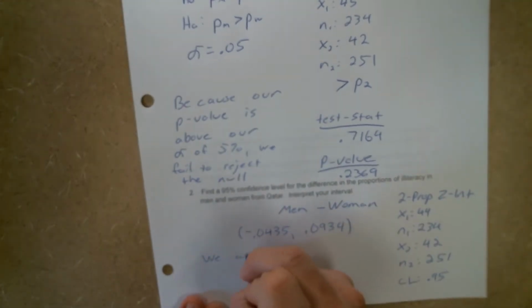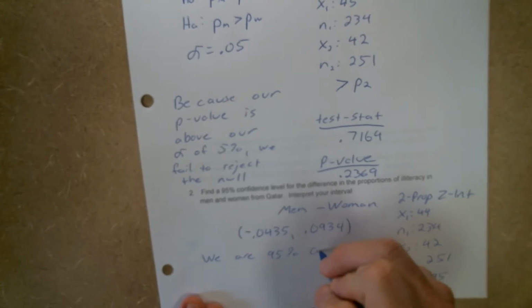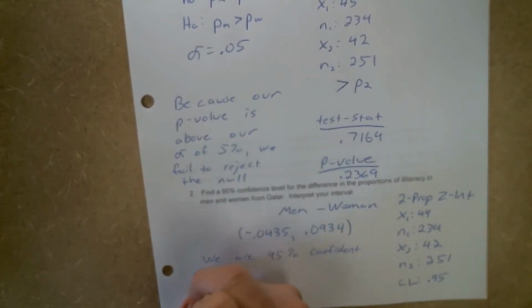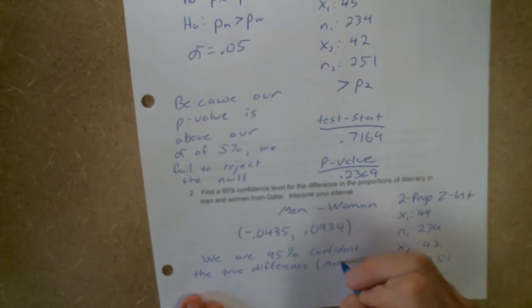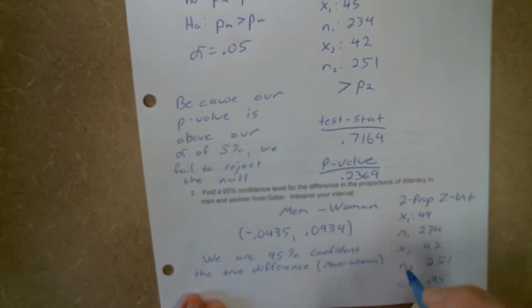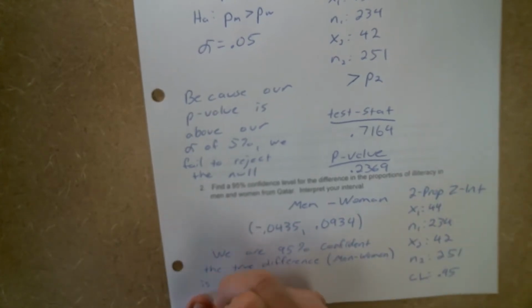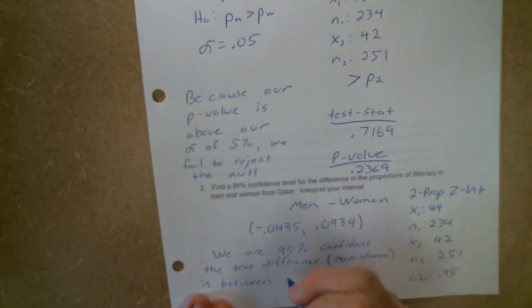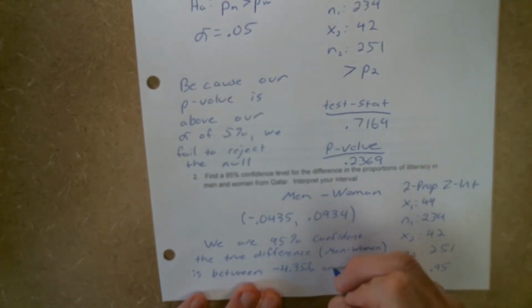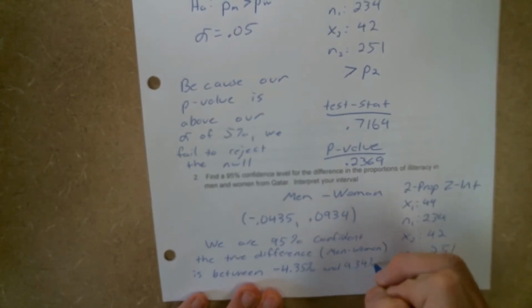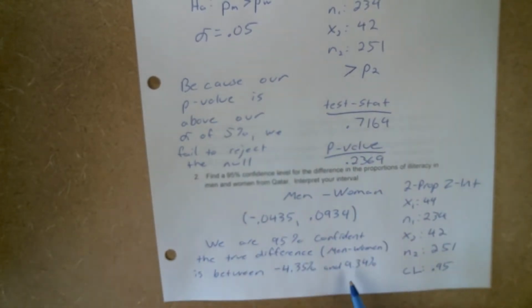Or put another way, we are 95% confident the true difference, again, men minus women, because it's important to specify which direction you did it in, is between negative 4.35%, which would actually suggest that more women are illiterate than men, and 9.34%, which would suggest that men are quite a bit more illiterate than women.